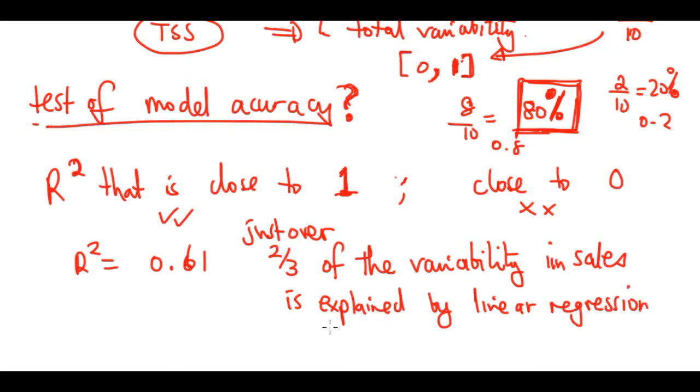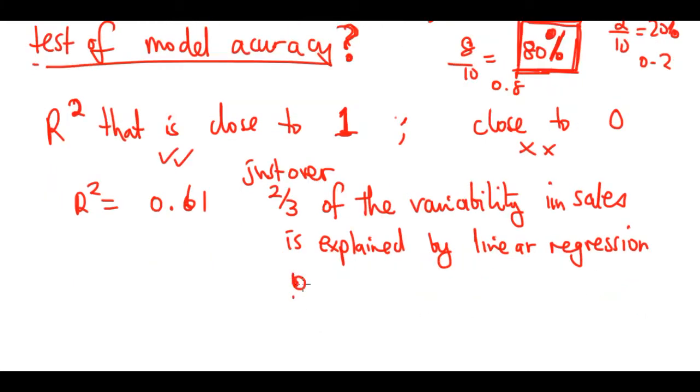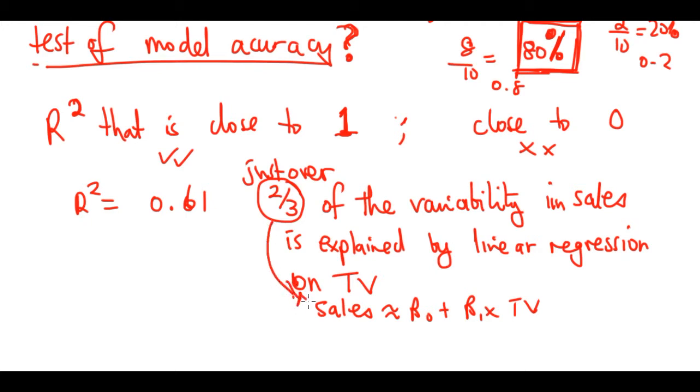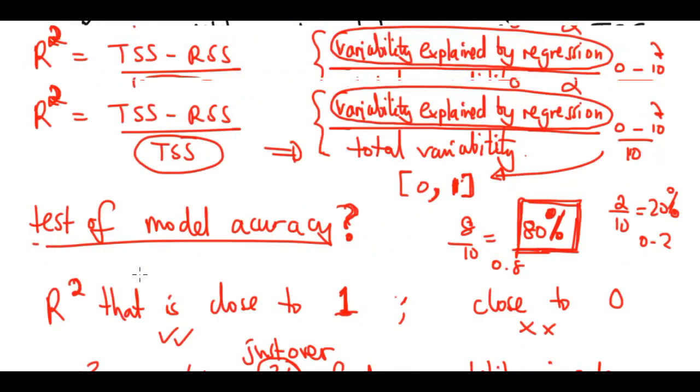Linear regression on TV. So we're saying sales equals beta naught plus beta 1 times TV. So it means two-thirds of the variability in sales has been explained by that linear regression. So R squared is better than RSE, since unlike RSE that just tells you 3260.